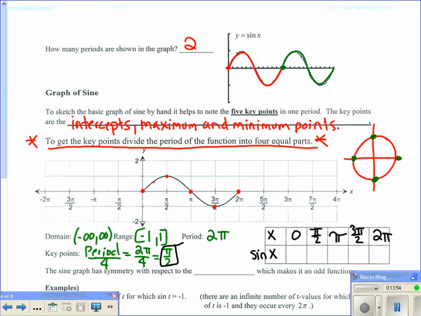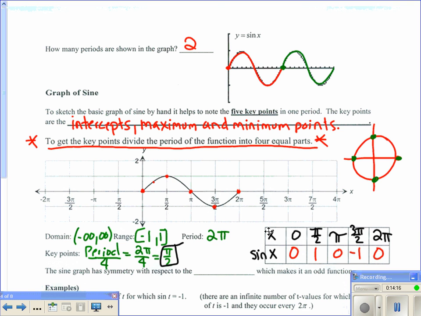Those are the key points. You always take that and add it from wherever you're starting, so add from 0. That's nice because it gives me those key values on my graph that are the only ones I'm going to be graphing. So the sine of 0 is 0. The sine of pi over 2 is 1, then 0, -1, and 0. So that's why I have those on my graph.